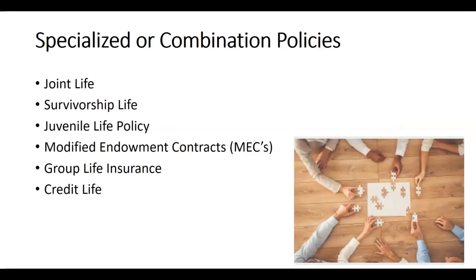They have all these combinations incorporated in them. So we're going to talk about joint life insurance, survivor life insurance, juvenile life insurance, MEC, modified endowment contracts, group life insurance, and credit life insurance. So we're going to talk about all these things very briefly.